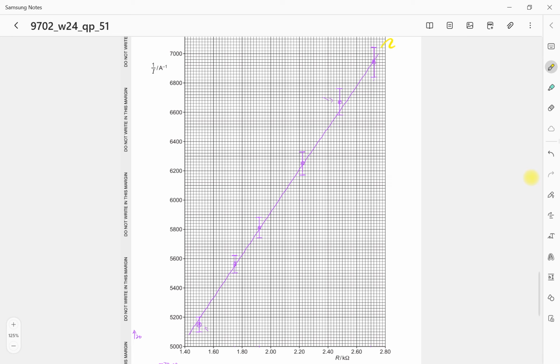So I can join the top of the top error bar to the bottom of the bottom error bar, but only if all the error bars are being crossed. When I look at my judgment, I see that they are all being crossed. So I'll draw that one. The top of the top error bar to the bottom of the bottom error bar.